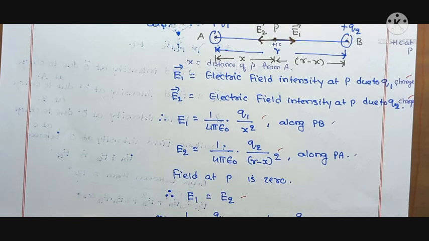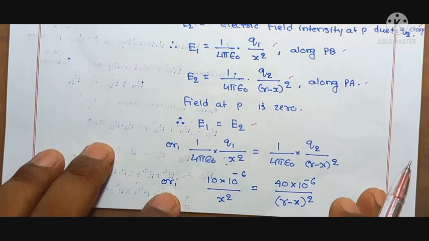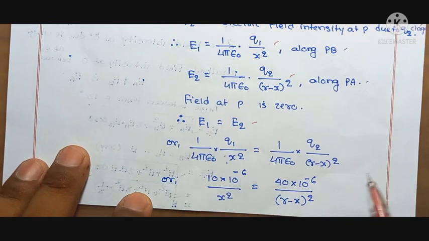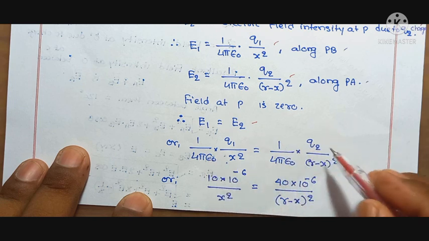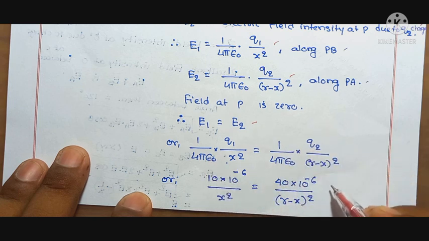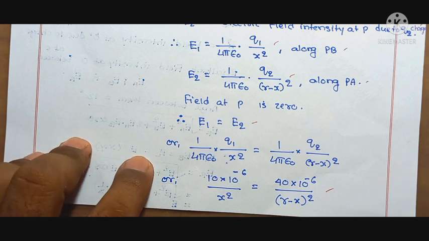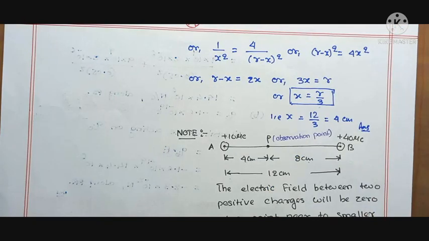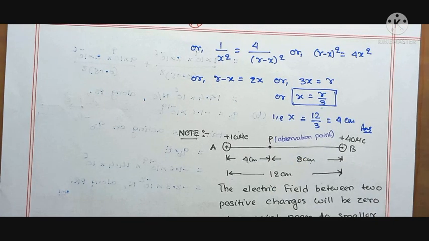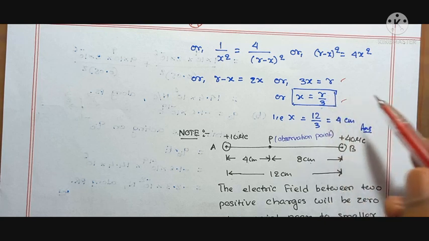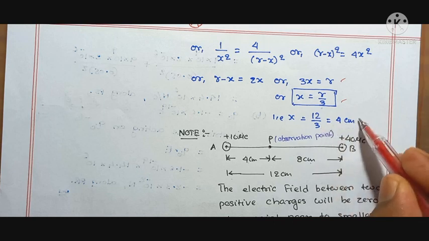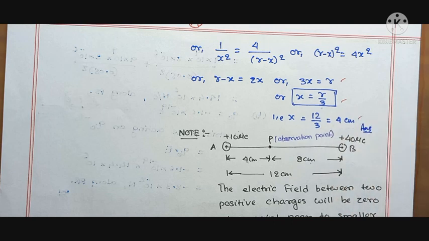Putting the value of E1 and the value of E2, we will get this equation. So after solving we will get 3x is equal to r, x is equal to r by 3. The value of r is the distance between the two charges, that is 12 centimeter. So 12 centimeter by 3 is equal to 4 centimeter.